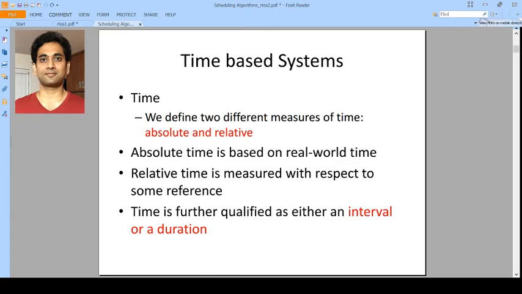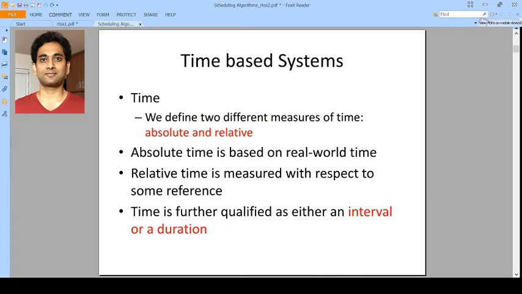So let's talk about what a time-based system is. In order to understand a time-based system, let's try to understand how time is defined in computer parlance, in operating system parlance. Now, we define two different measures of time.